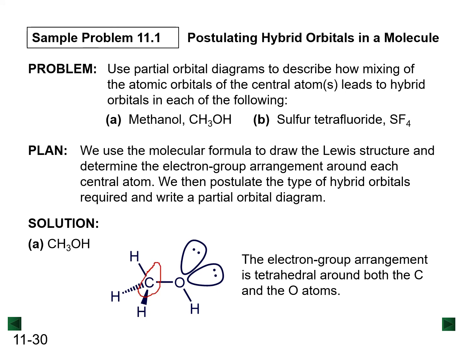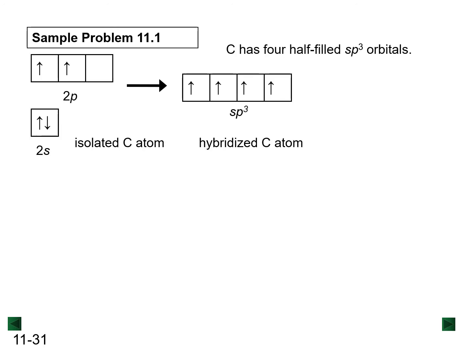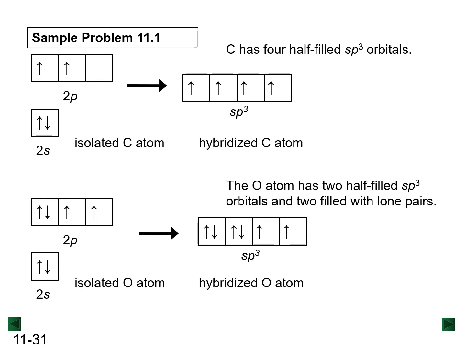Okay, the electron group arrangement around C is tetrahedral, and the electron group arrangement around O is also tetrahedral. Okay, since the electron group arrangement is tetrahedral, the hybrid orbital that is involved is sp3. So you must show the orbital diagram for isolated carbon atom and the orbital diagram for hybridized C atom. As we can see here, 1 electron from S is promoted to p orbital to form 4sp3 hybridized orbital.